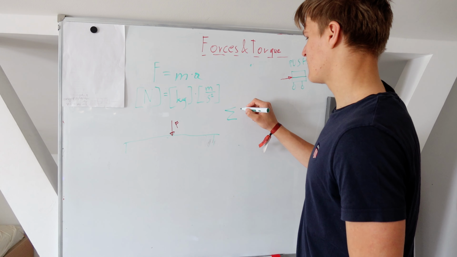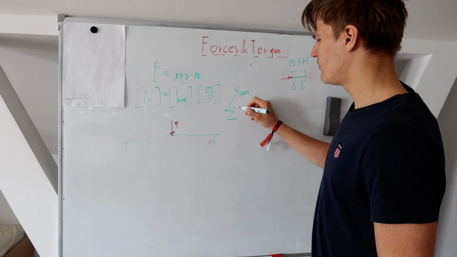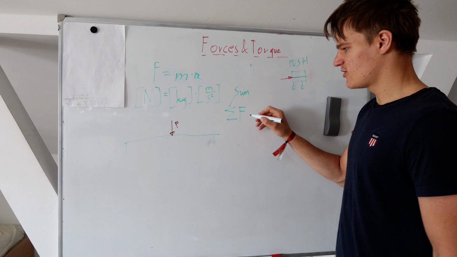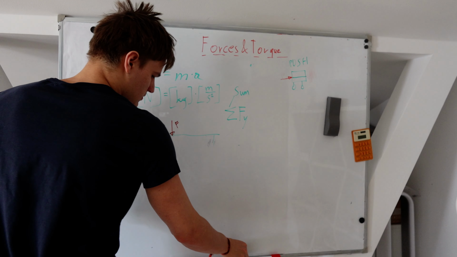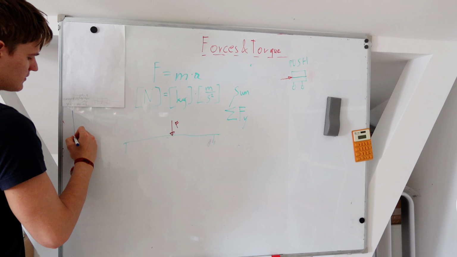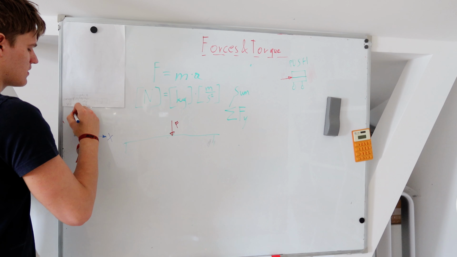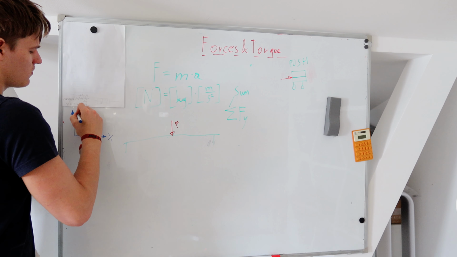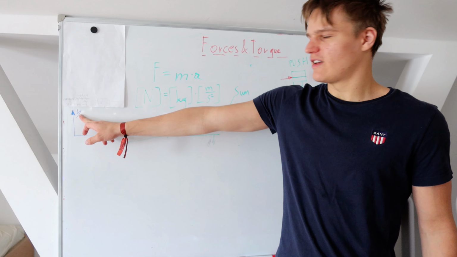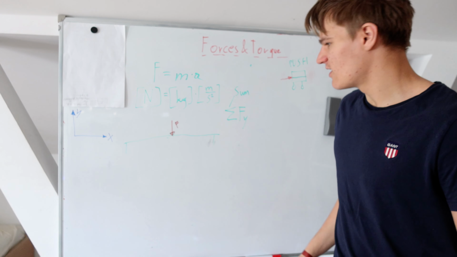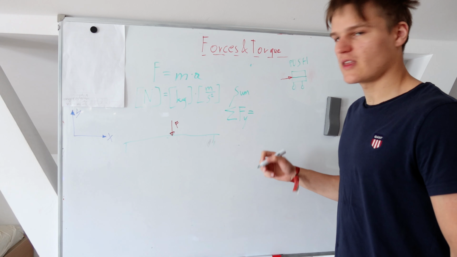So we have sum, this is the sign for sum, of all forces in any direction. So if I write a y here, it's in the y direction. If we define our system of coordinates like this, x, y, if we define positive y in this direction, positive x in this direction, then the sum of all forces in y direction is equal to, what is it actually equal to?